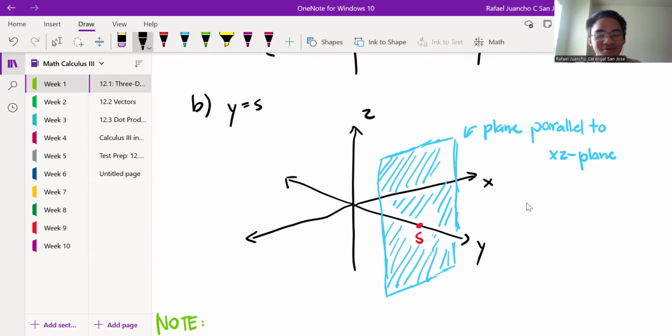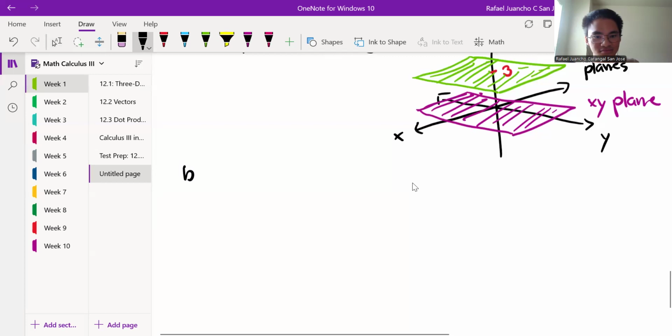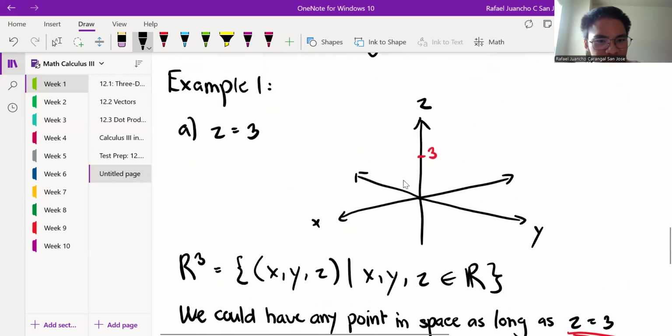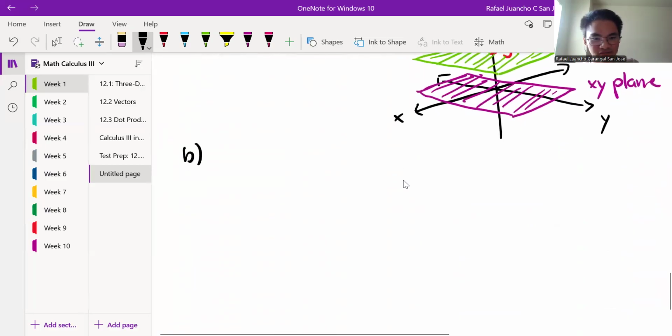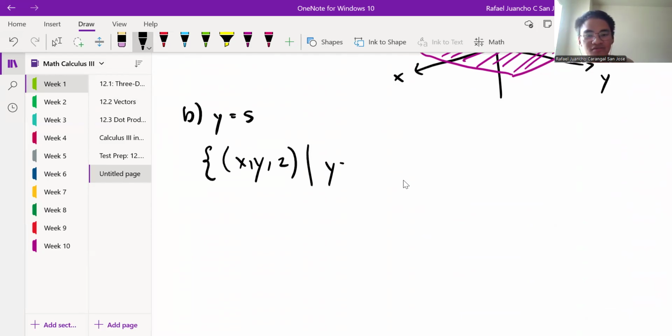Okay, what's next? Another exercise, y equals 5. So that same idea that we did here. Yeah, this was example A. So this is now B. Y equals 5. Now, the mathematical definition is the set of all ordered triples, all points, as long as y is 5.